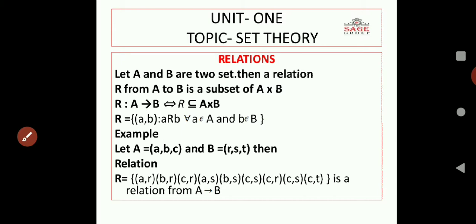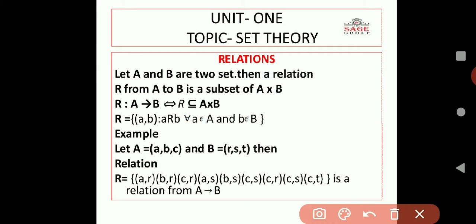Now for example, if we have two sets A and B, where A is equal to {a, b, c}, these are the elements of set A, and B is another set with the elements r, s, t.